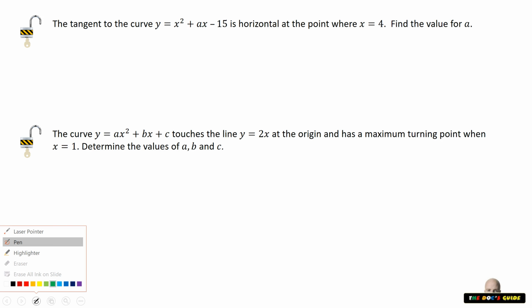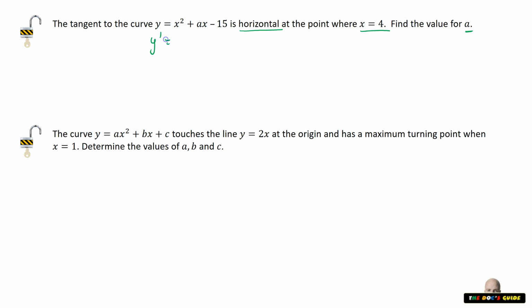Now for our next question, same sort of skills, just asking them in slightly different ways. The tangent to this curve is horizontal, which means that the value of the slope is 0, at the point where x equals 4. Find the value for a. As usual, our first step is to find the differential. So that will be 2x plus a.